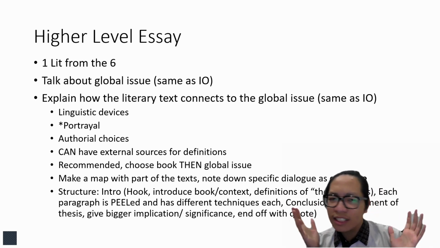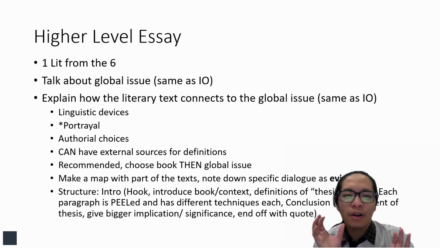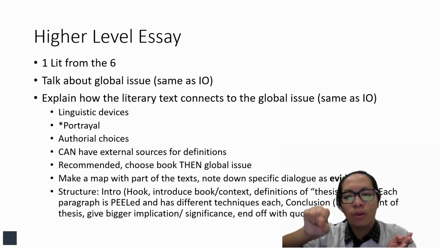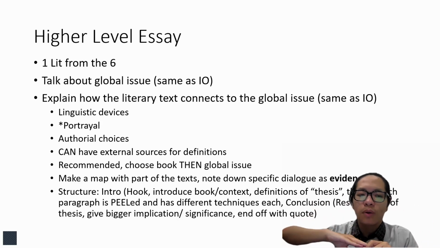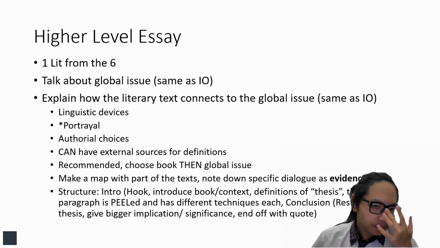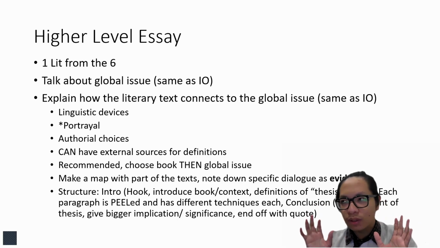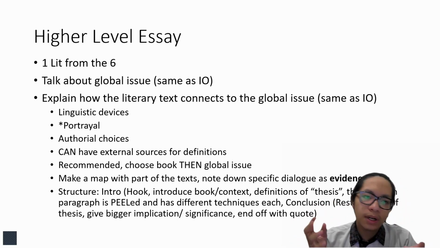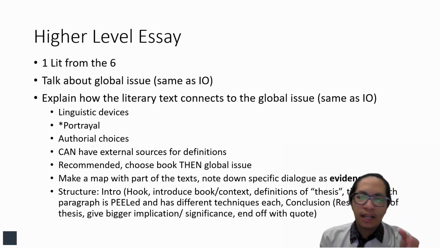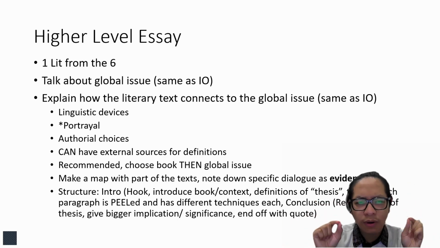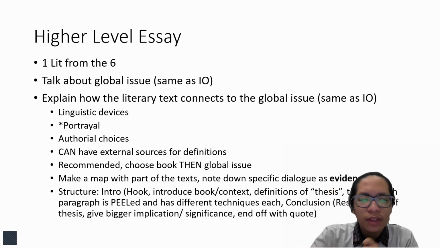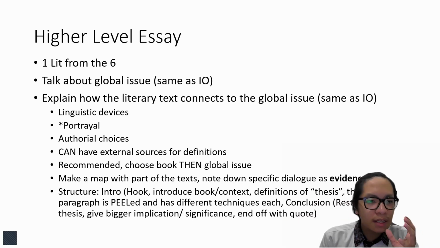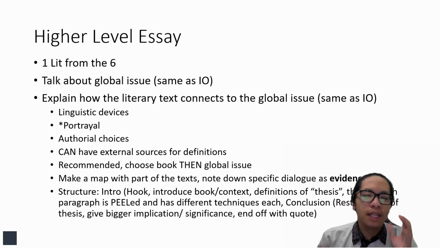Now it's very similar to an IO. You also talk about a global issue and how this text connects to the global issue. My friend said this isn't just an extract. You go through the whole book and look for linguistic devices, and you want to focus on the author's choices and how things are portrayed, because this portrayal means something to the global issue, and that's what you want to talk about.